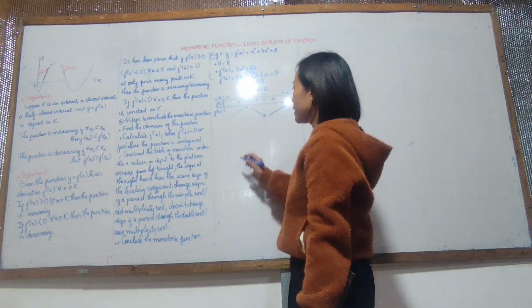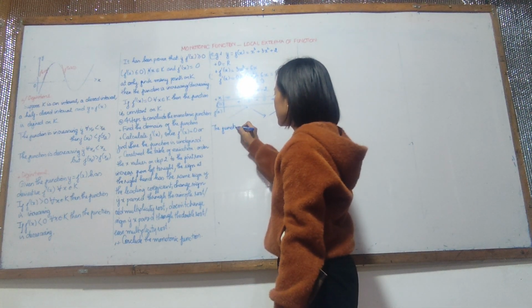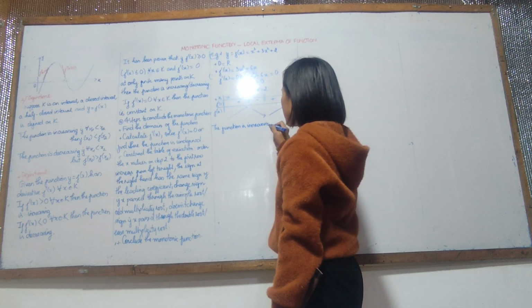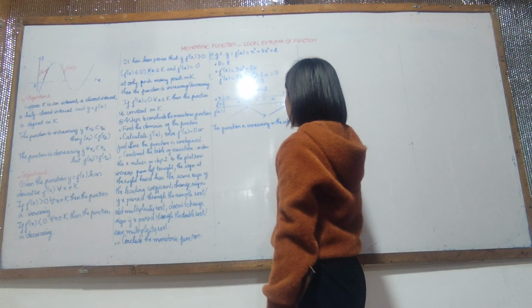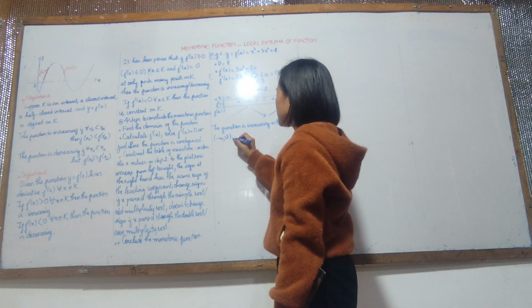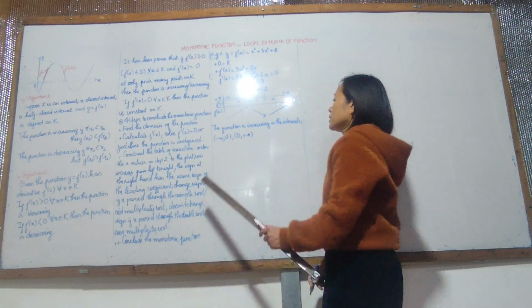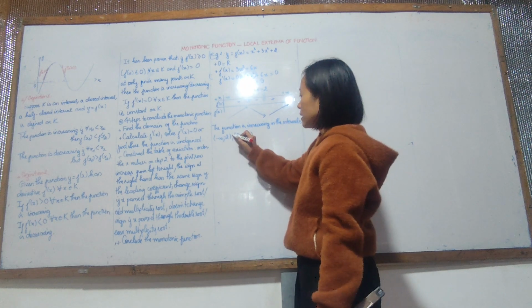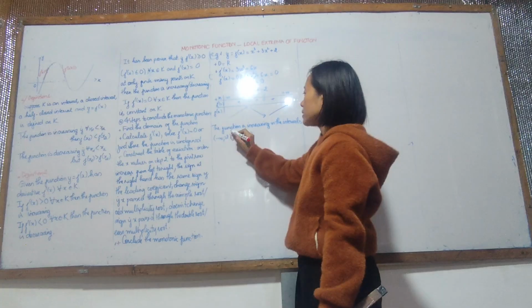Okay, and we will conclude that the function is increasing in the intervals negative infinity to negative 2 and 0 to infinity. We must remember this. We will use the semicolon or the word and.